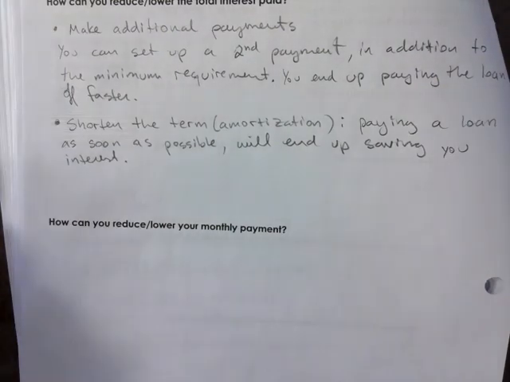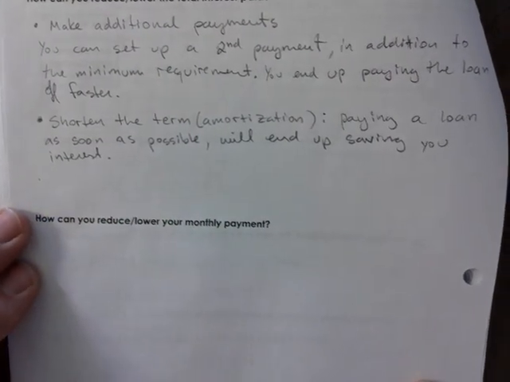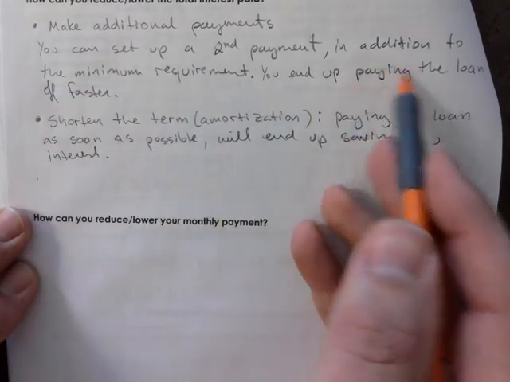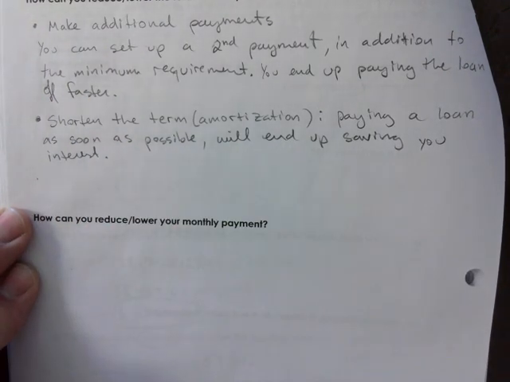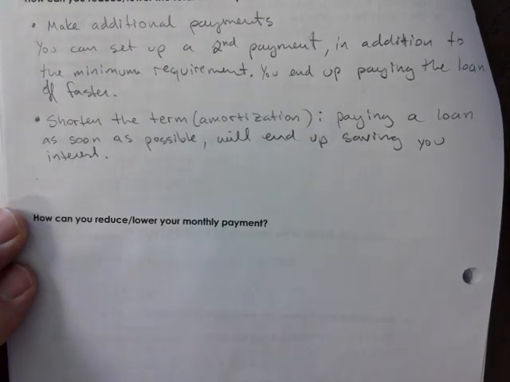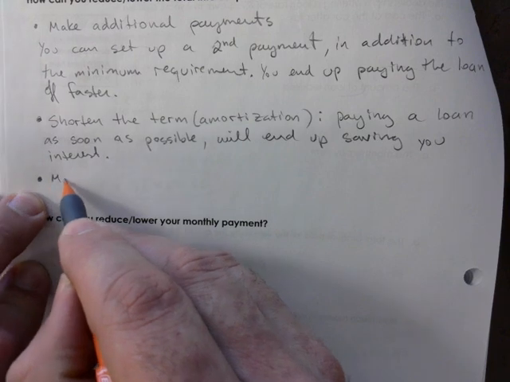A larger down payment, right? This one, pay the loan off faster. Now you know why I type most of my notes, right? Okay. Make a larger down payment.